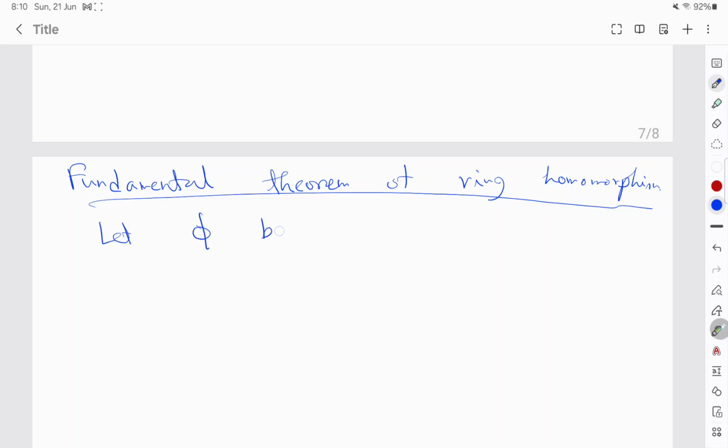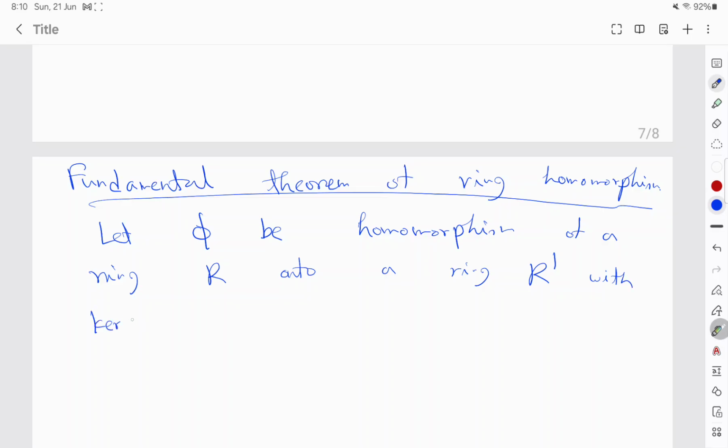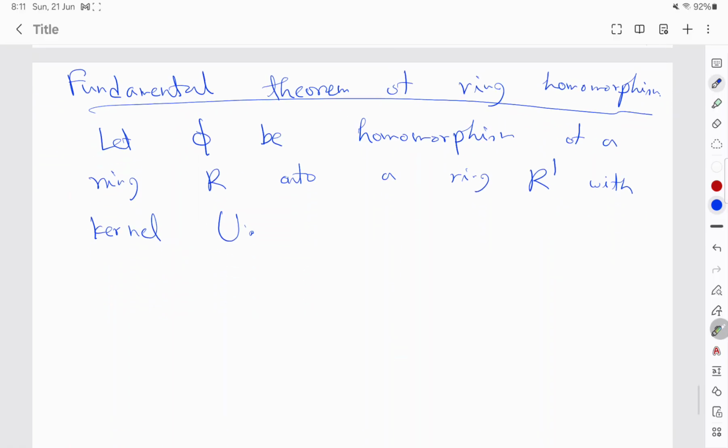Let phi be a homomorphism of a ring R onto a ring R dash with kernel U. So basically from R to R dash you have a map with kernel U. Then R dash is isomorphic to R by U. This you have to prove. This is actually an isomorphic image of this.